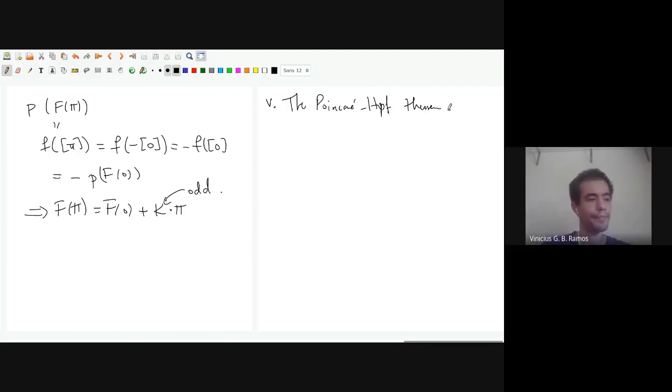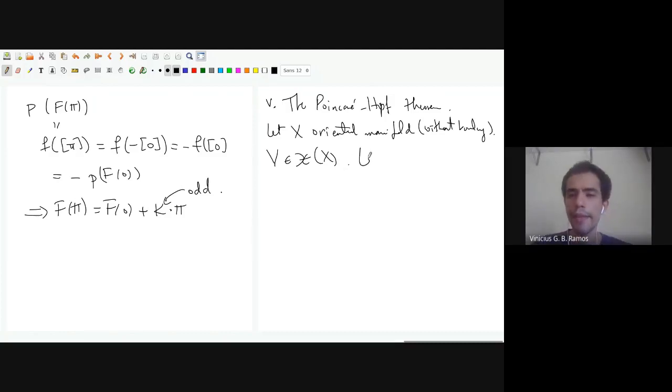So let X be an oriented manifold without boundary, and let V be a vector field. Okay? So let's fix an isolated zero P of V. What does it mean to be an isolated zero?